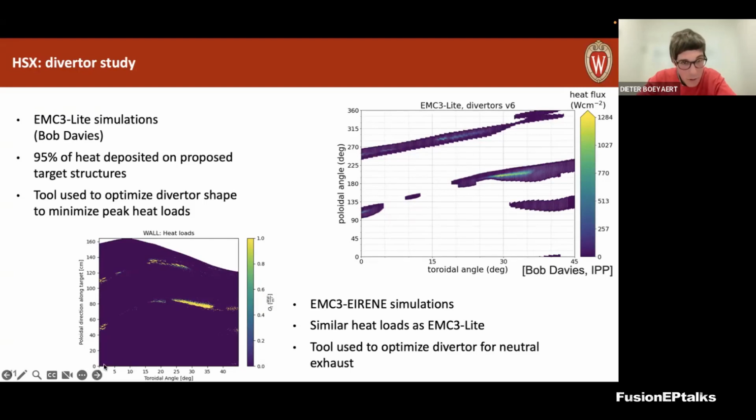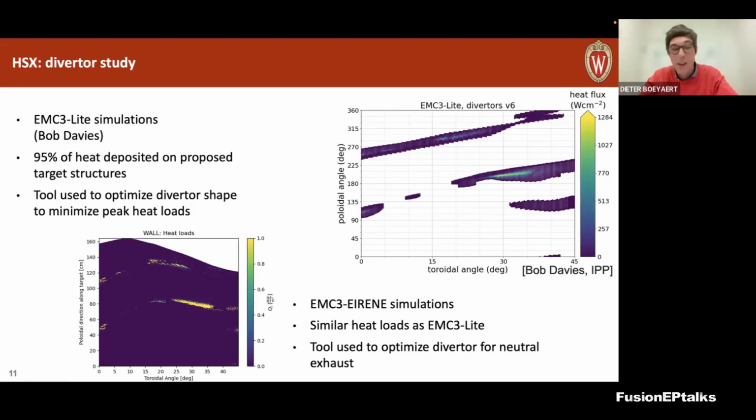This is plotted a little bit differently: you can still see the toroidal angle on the x-axis, but on the y-axis we go in centimeters around the entire vessel wall. Then you can see that we have similar strike line locations to what Bob obtained in his EMC3-Lite simulations. This is our starting point to say, if we now change something in the shape, what will be the effect on our neutral pressure and in that way on our possible neutral exhaust? All of that is still work in the future.